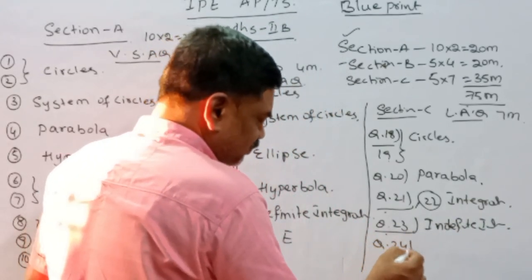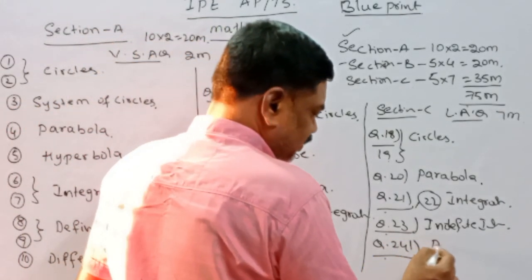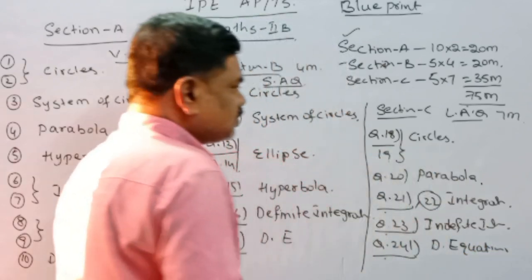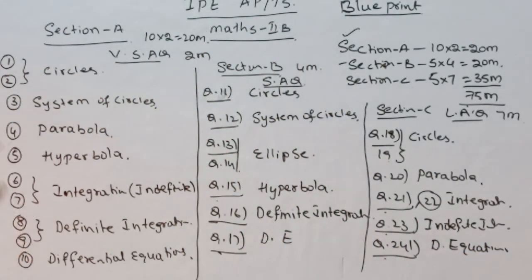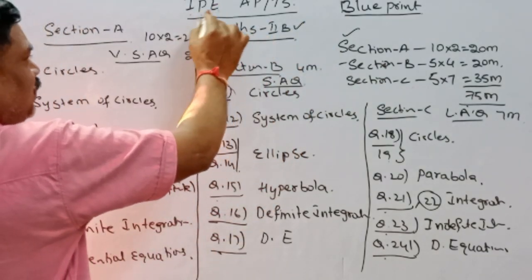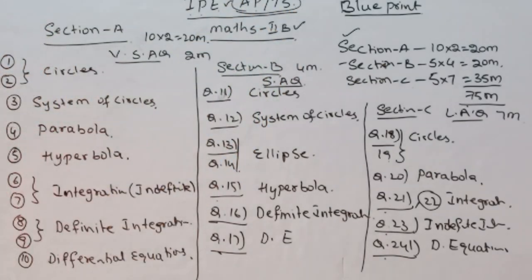Question number 24 is differential equations. This is the total pattern or blueprint of Maths 2B for the IPE, Intermediate Public Exam, Andhra Pradesh and Telangana State.